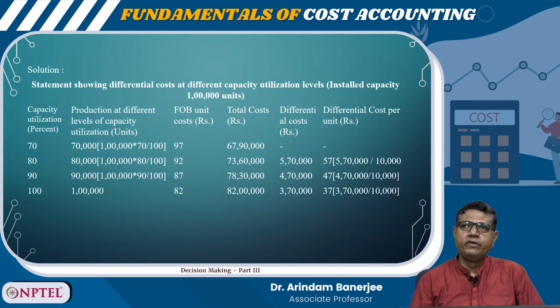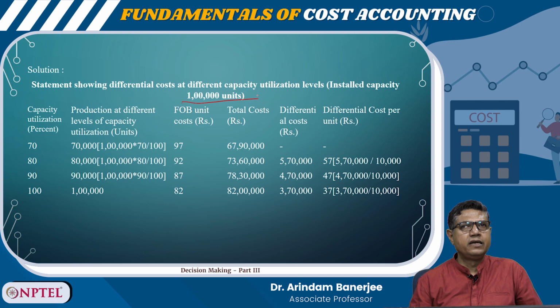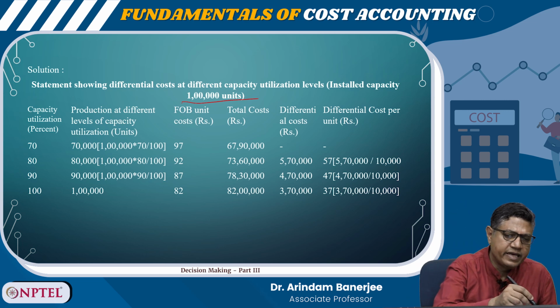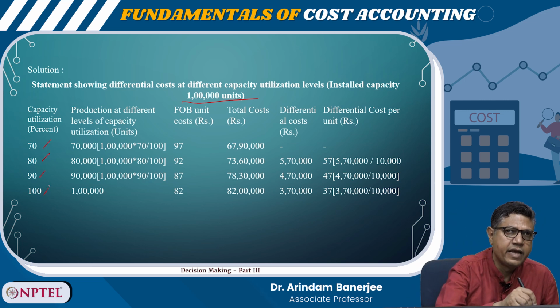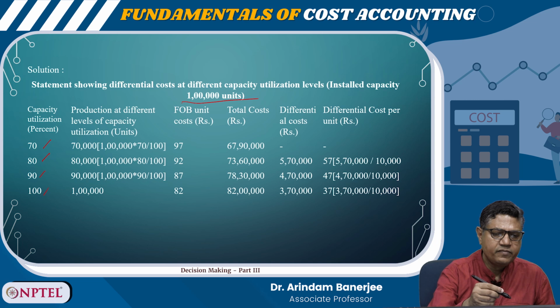So, again what we will do, we will calculate the differential costs under the different options. Statement showing differential costs at different capacity utilization levels, where 100% capacity is 1 lakh units. I have taken the options 70, 80, 90, 100 for capacity utilization, and production at different levels I can calculate.